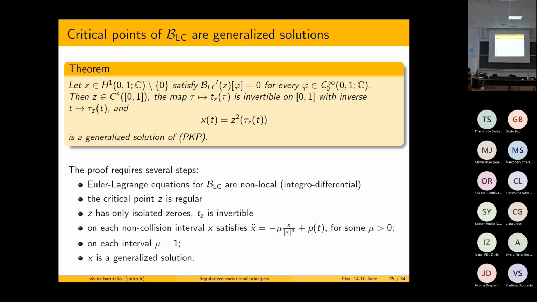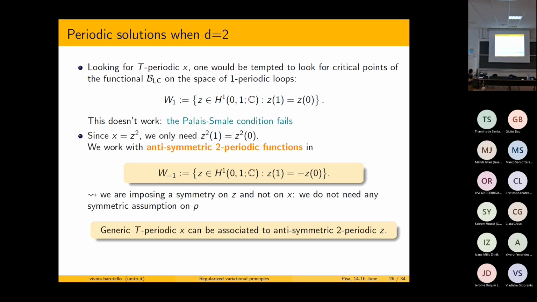But finally, you can show that these mu are equal. This is something that holds in 2 dimensions, but not always in 3. And so finally you prove that X is a good solution. Okay, so this is the outline, a very short outline of this book.